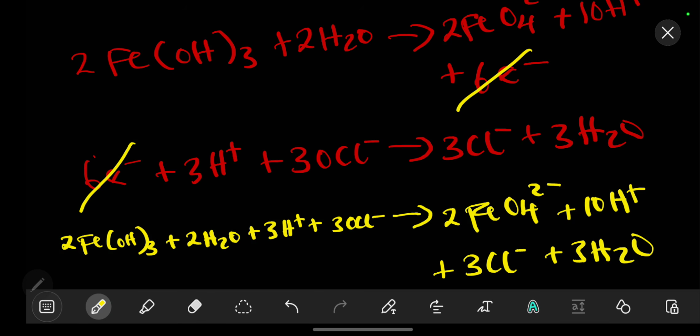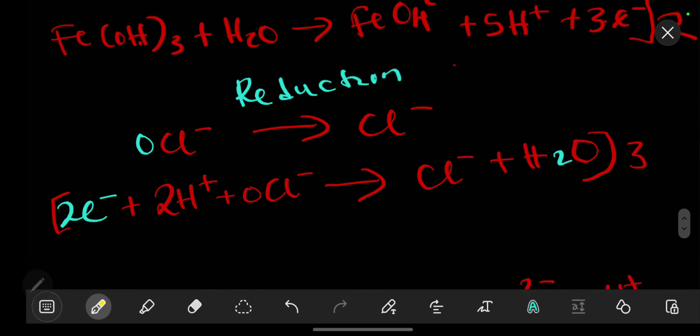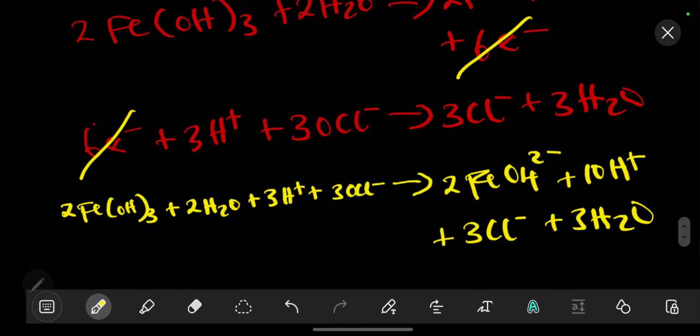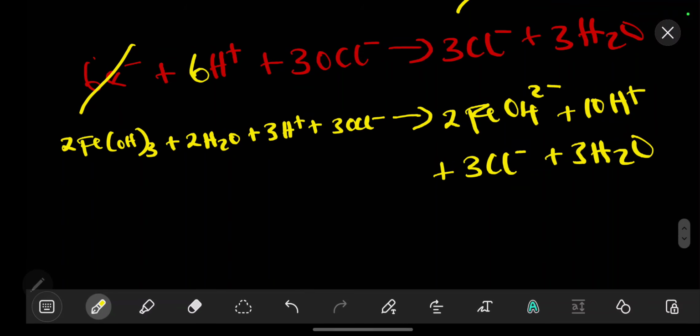Now let's count the number of water molecules. Let's simplify the hydrogens and everything. Multiplying properly, we had 3 times this 2, which is supposed to be 6. So we are supposed to have a 6 here and a 6 there.